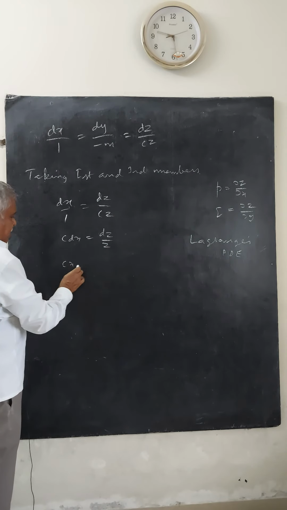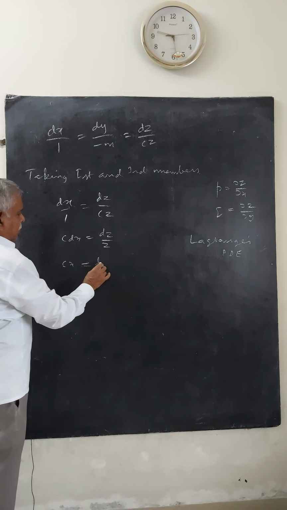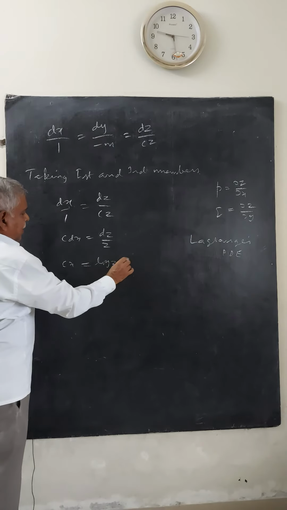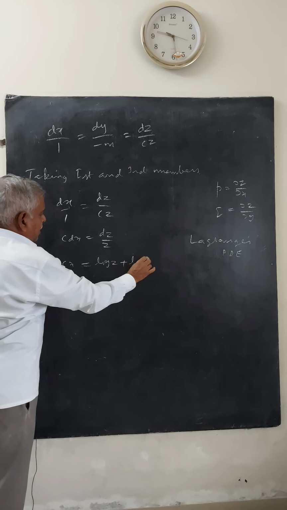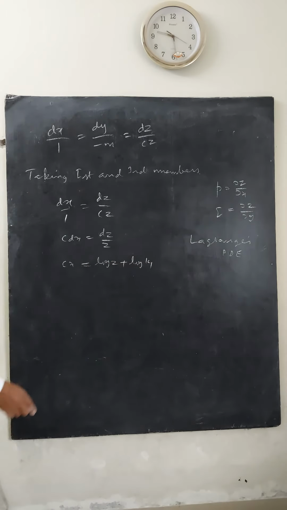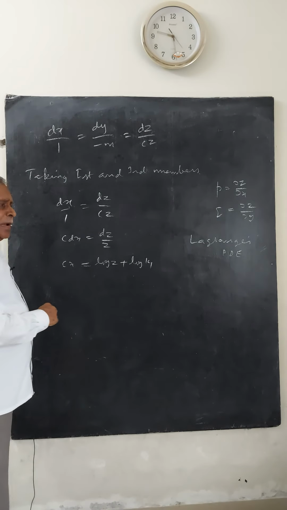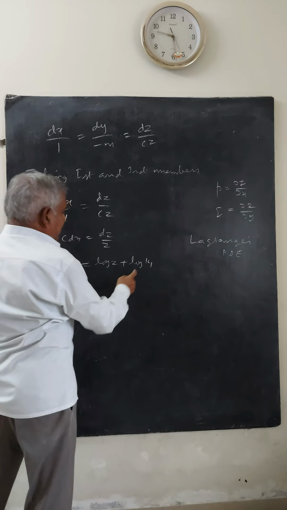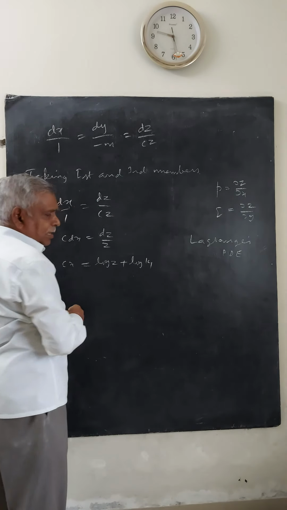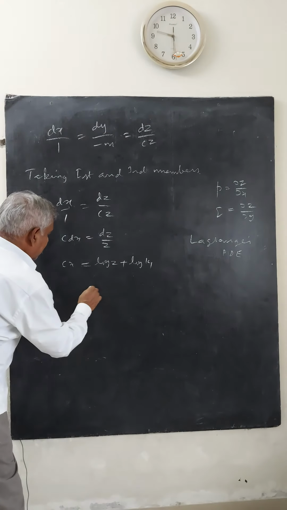Integrating, cx equal to log z plus log k1. There is a constant. Whenever integrating an indefinite integral, we have to use a constant. Log k1 is a constant.